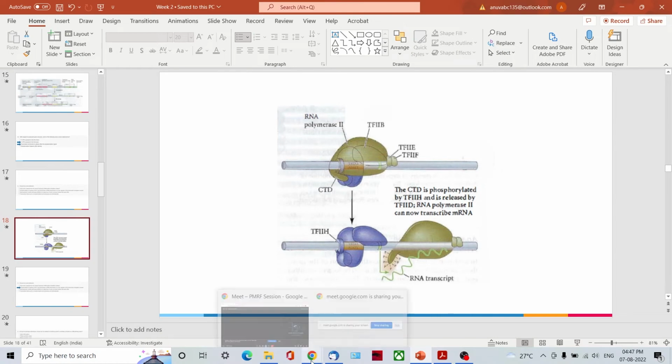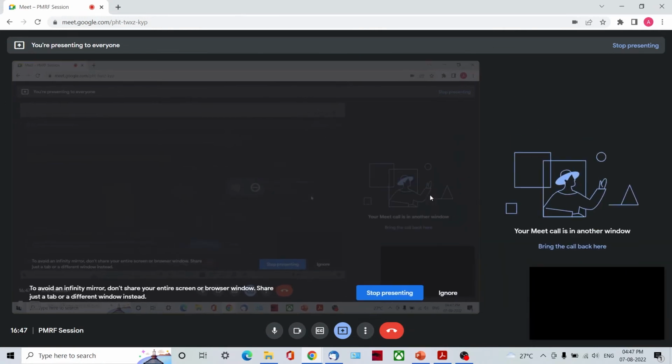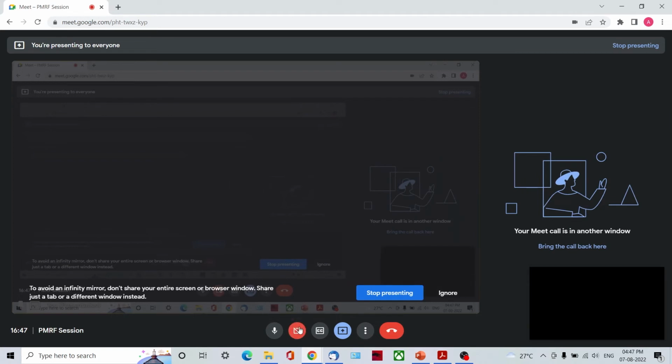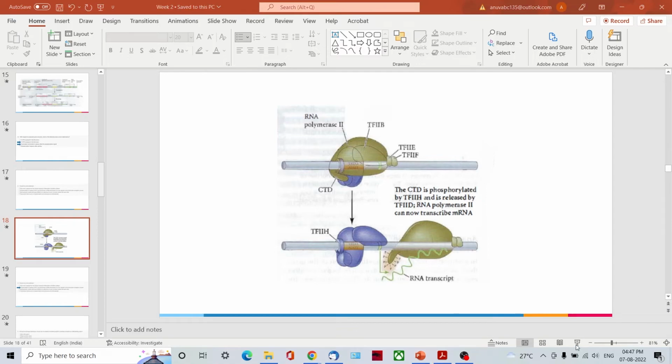So can someone try and tell me what should be the complex that we are looking at? Transcription initiation factor.